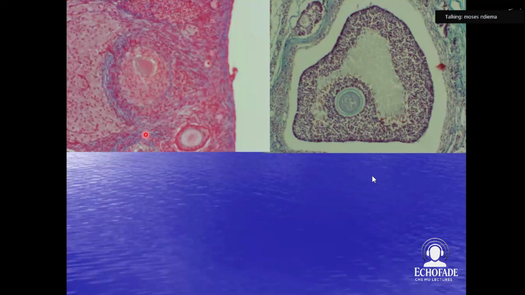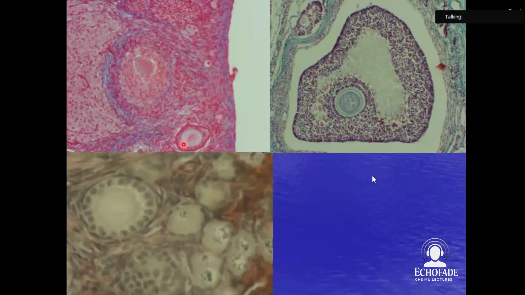Within the ovary, we have the follicles at different stages of development. Very close to the capsule, we have the primordial follicles. Primordial follicles consist of the primary oocyte, and this primary oocyte is surrounded by flattened cells.